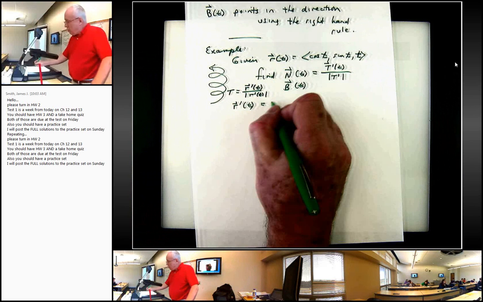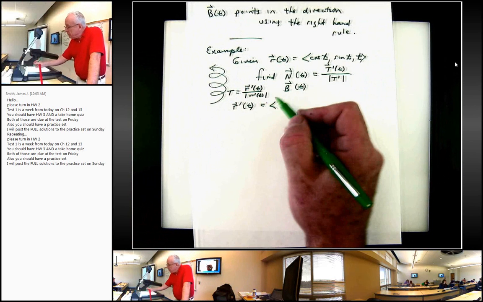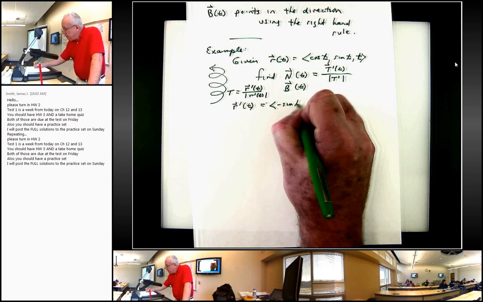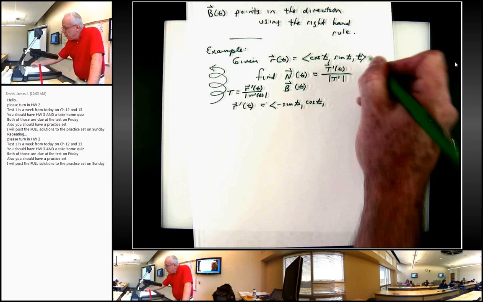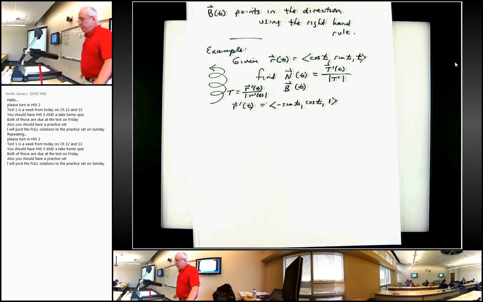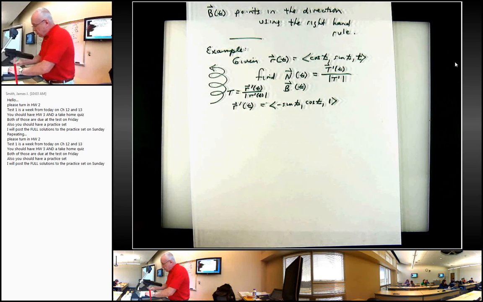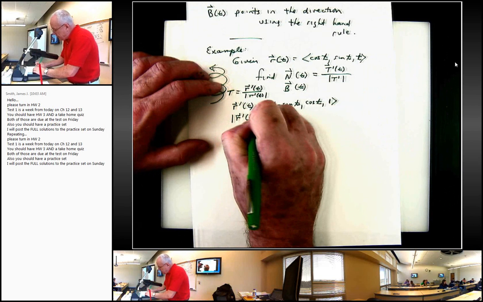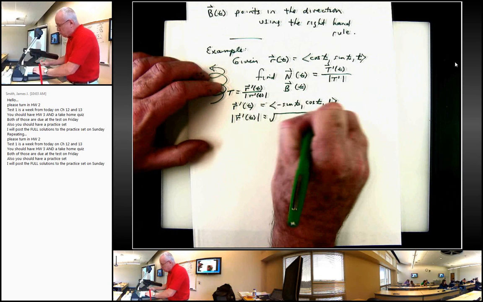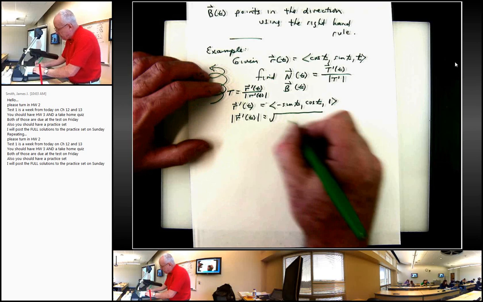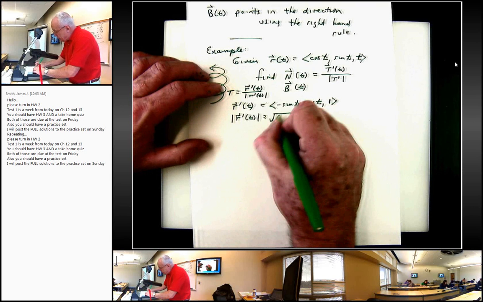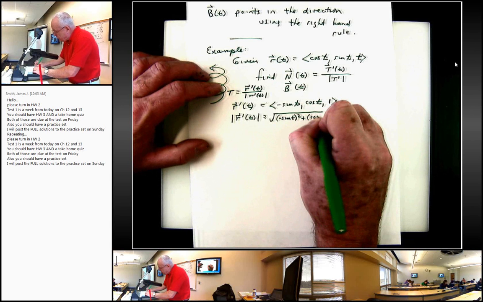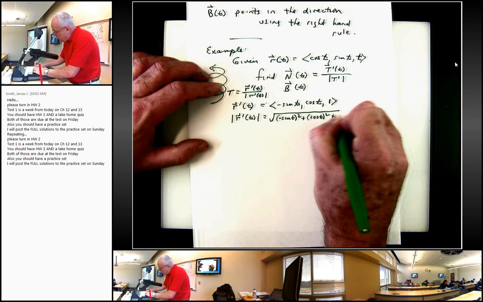Okay, what's our r prime? The derivative of the cosine is the negative sine. The derivative of the sine is the cosine. The derivative of t is just a 1. So therefore, its magnitude is going to be the square root of the sum of the squares. That's going to be negative sine squared plus cosine squared plus 1 squared.